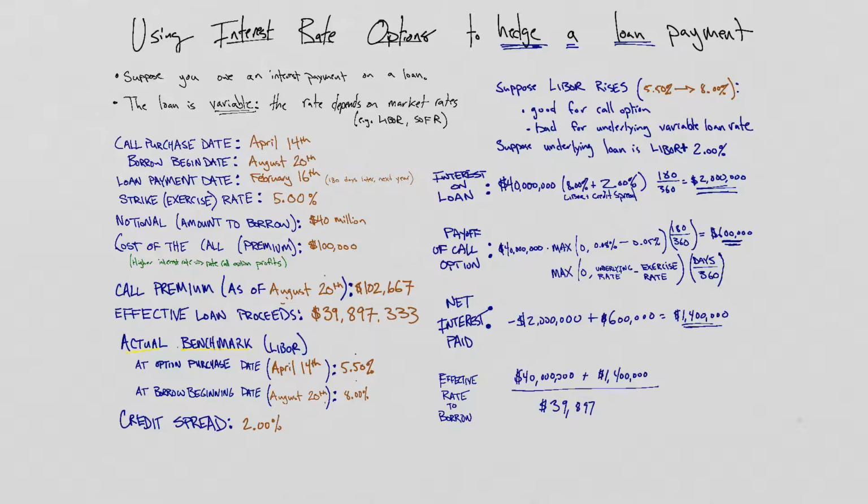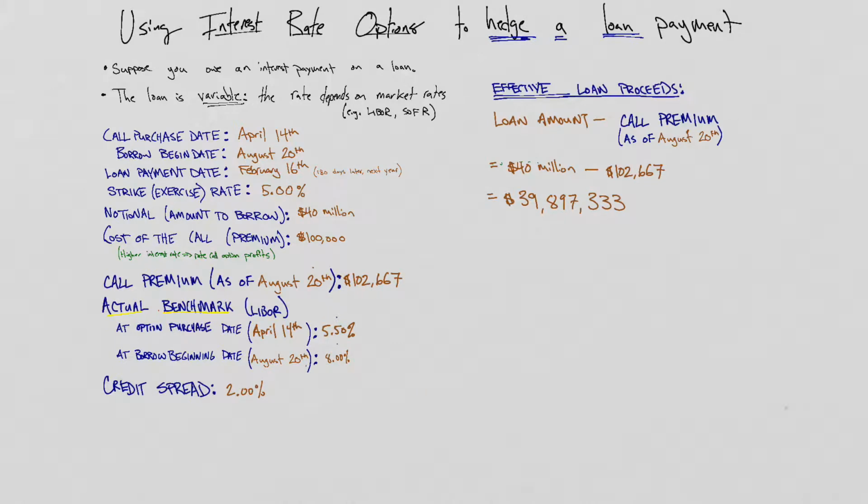So we didn't actually receive $40 million in terms of borrowing. We received something less because we paid that $102,000 call premium.